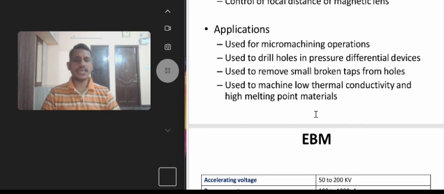It is particularly useful for machining of materials of low thermal conductivity and high melting point.